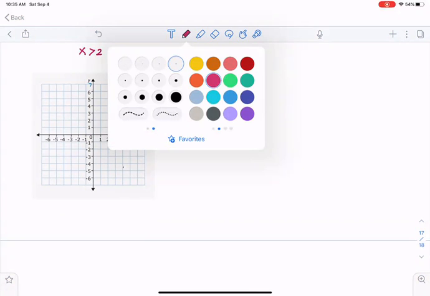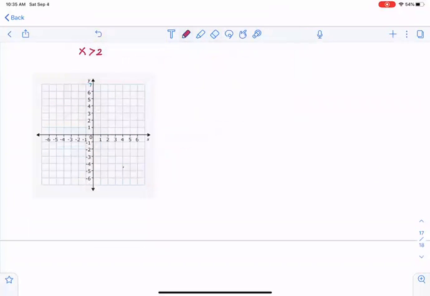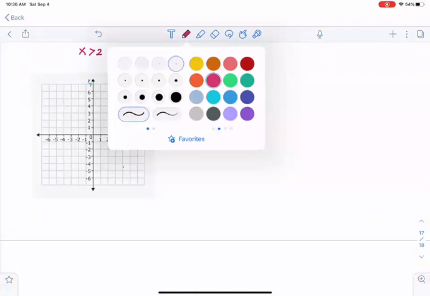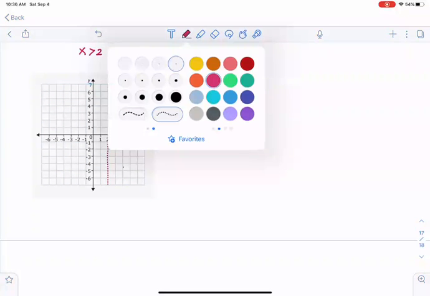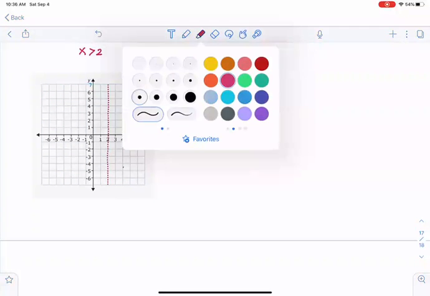An open dot would simply mean a dotted line and not a solid line. So a dotted line is passing through 2. And everything above 2 will be a solution.